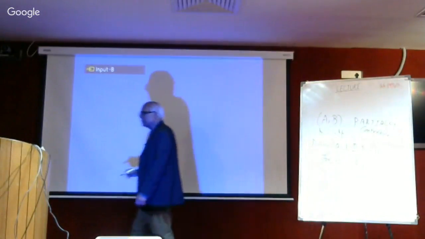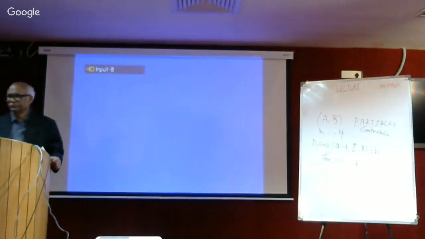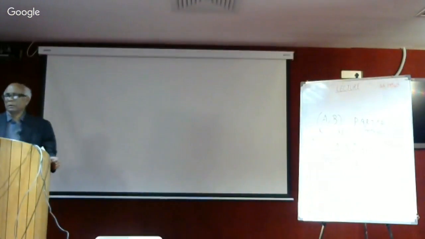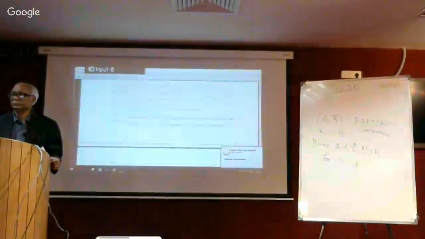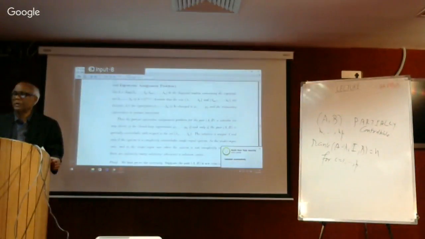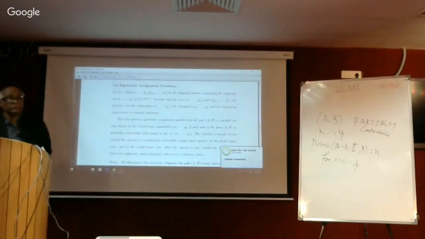So here is the statement again. Suppose that A, B is partially controllable and suppose the spectrum of the matrix A is lambda 1 through lambda n, of which only the first p eigenvalues, lambda 1 through lambda p, are known.